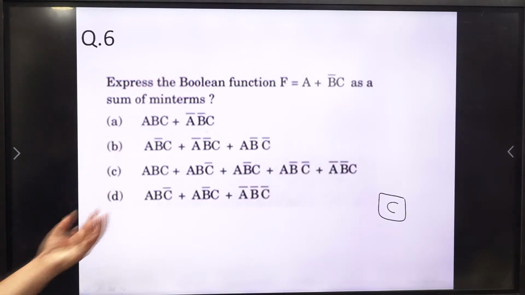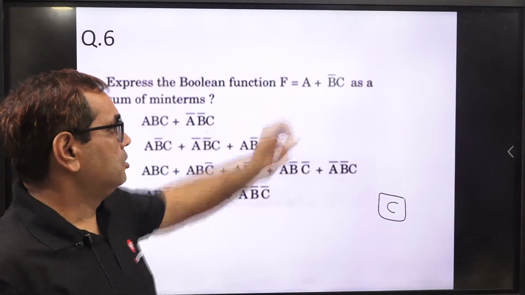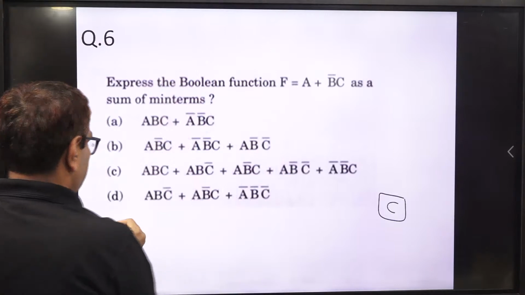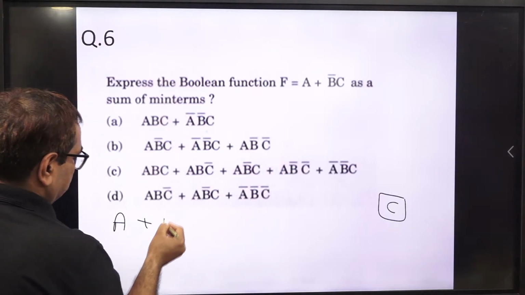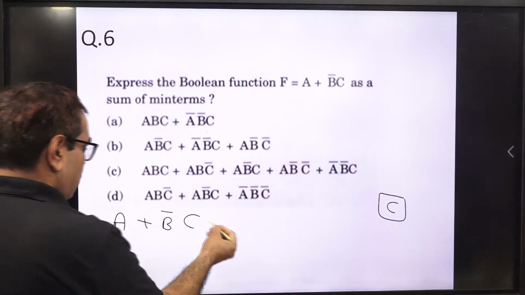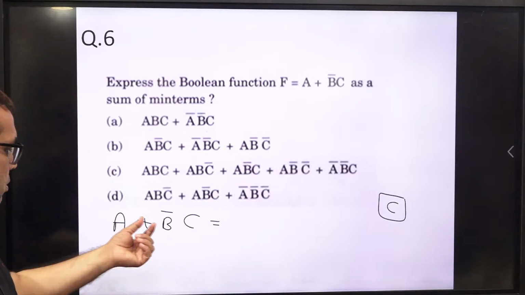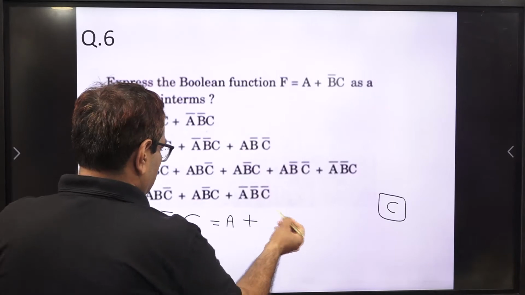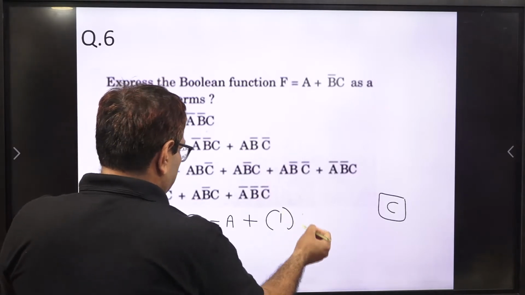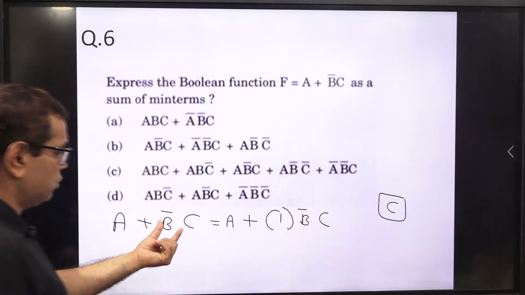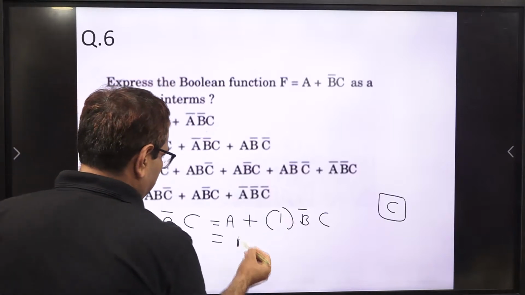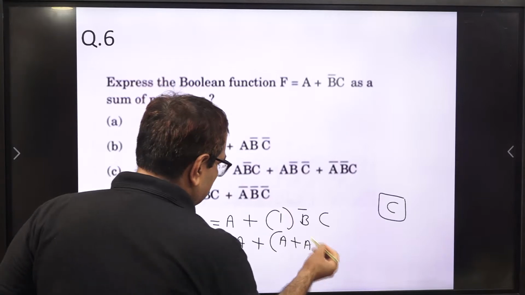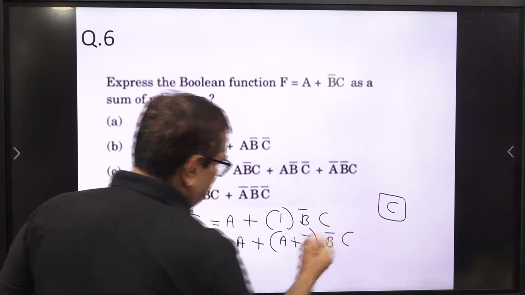You just make more variables, right? Here you can use one concept I am telling you. We have a plus b bar c, right? Now here a is missing, so what we can do, a plus, we can write it as 1 into b bar c. Now 1 can be written as a plus a bar, since a plus a bar is 1.